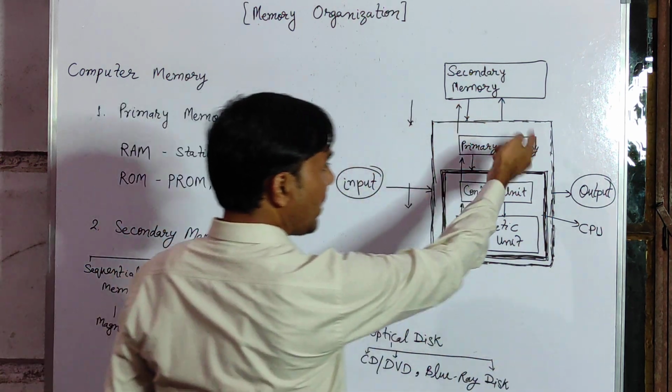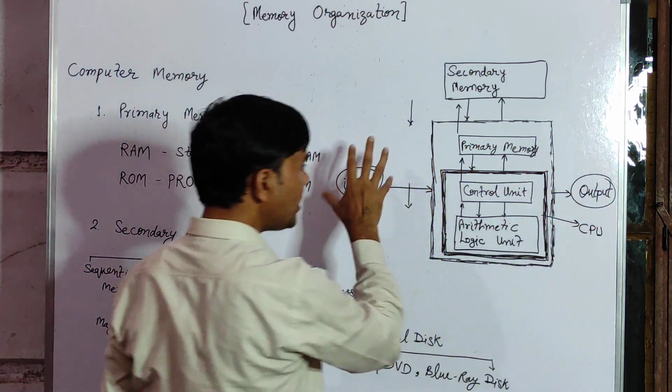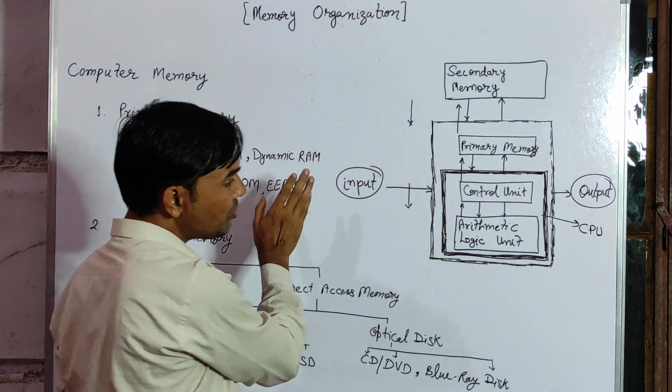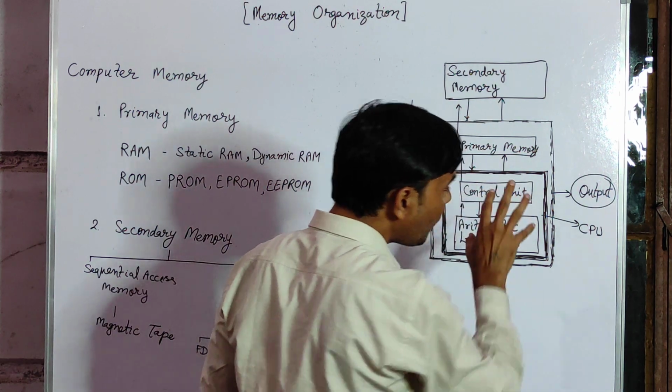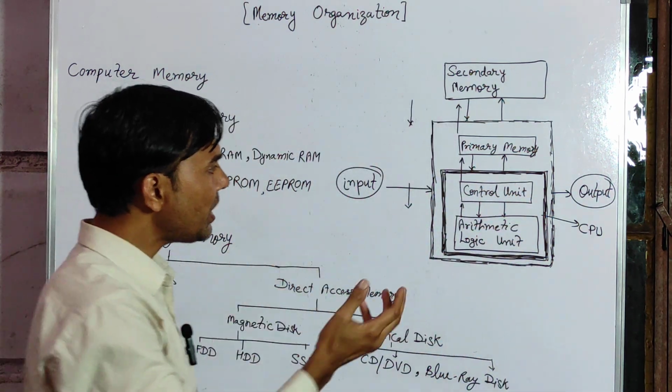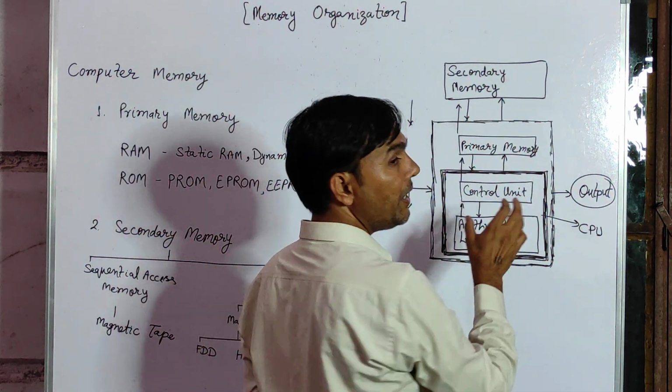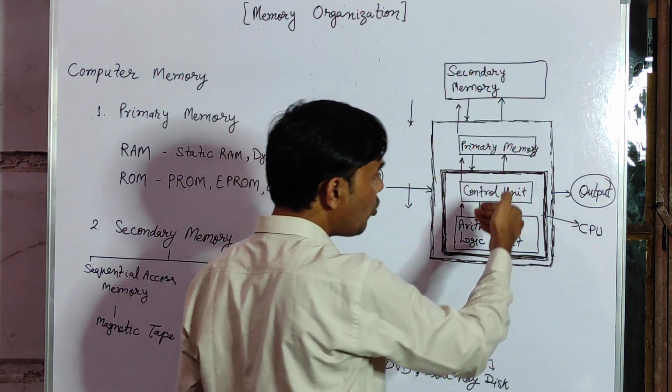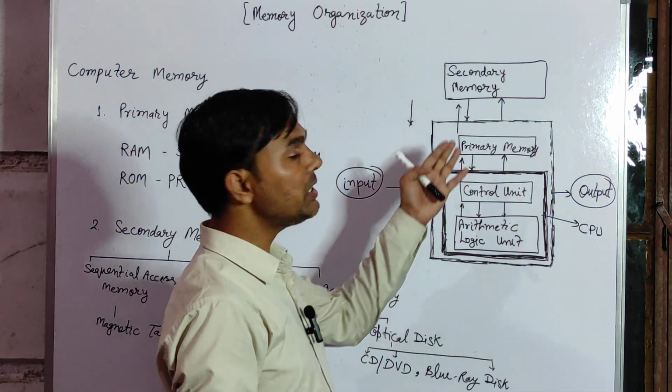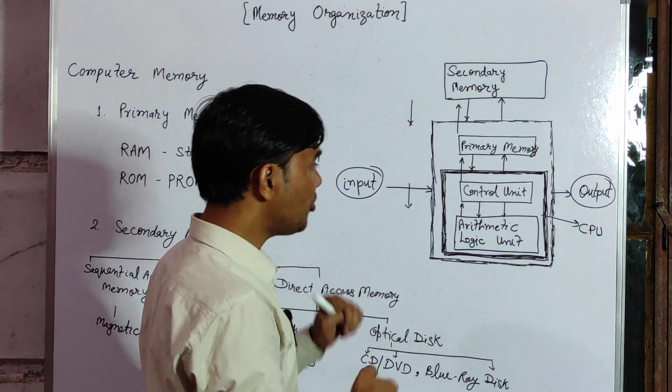The primary memory will provide the space for the data and instructions when we send them to the computer, and the control unit will oversee everything, take control, and decide what we need to do with the given data as per the instructions.